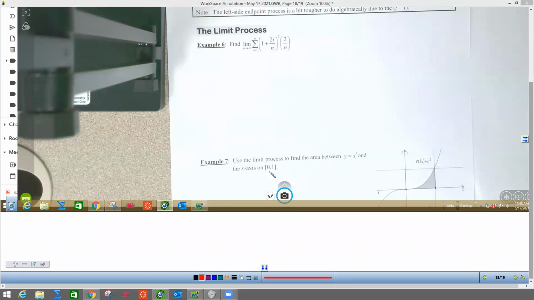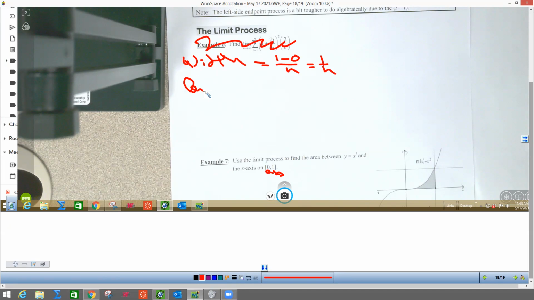I hope you can see that this is my a and my b right there. I'm going to come up here and do some of this and down there. So I want to get my width. From above, the width is going to be b minus a all over n, so my width is 1 over n. The length, which is also up there, is f of your a value.